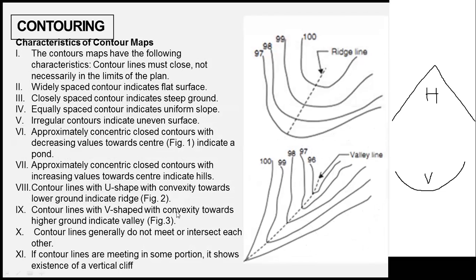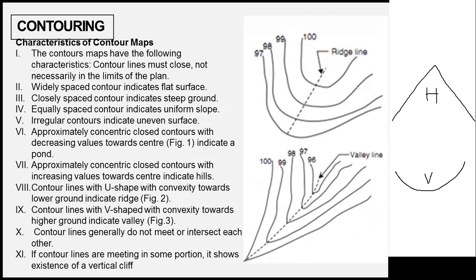So these are certain characteristics of these contour maps. The contour line will have the same elevation at all the points on that contour line. This is the main characteristic. The contour lines will be parallel to each other, and no two contour lines will intersect each other.